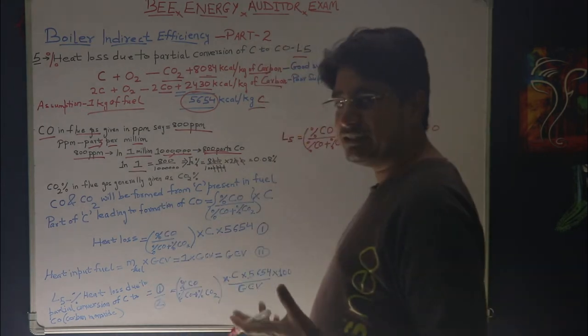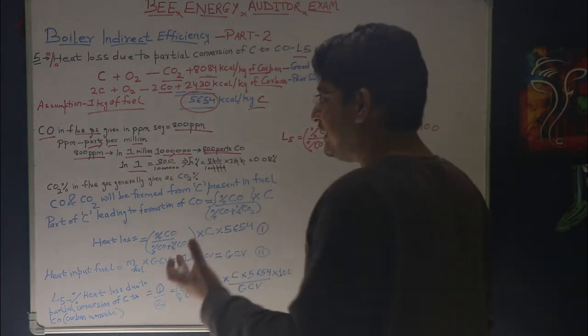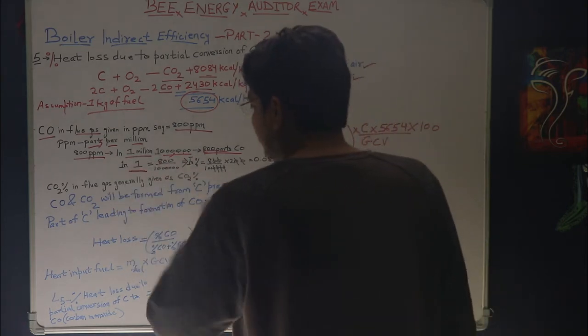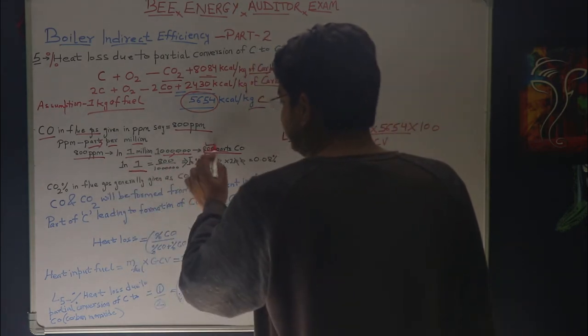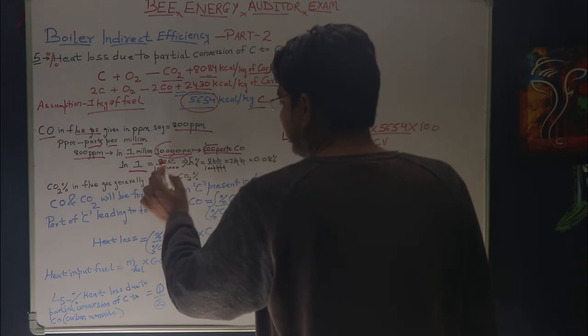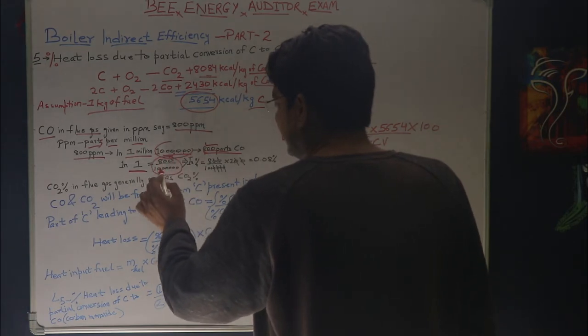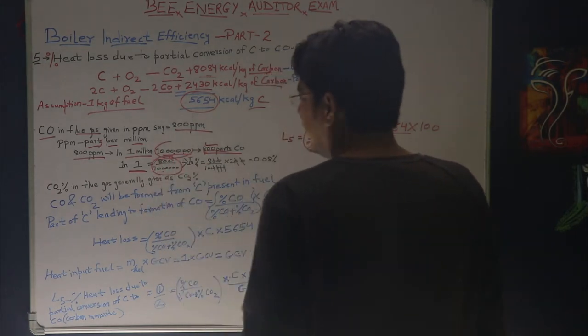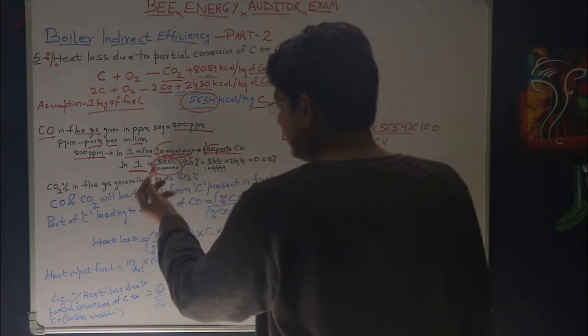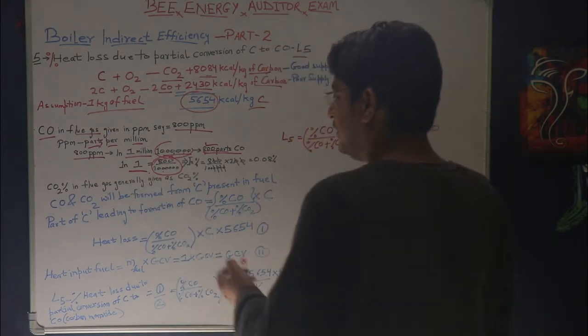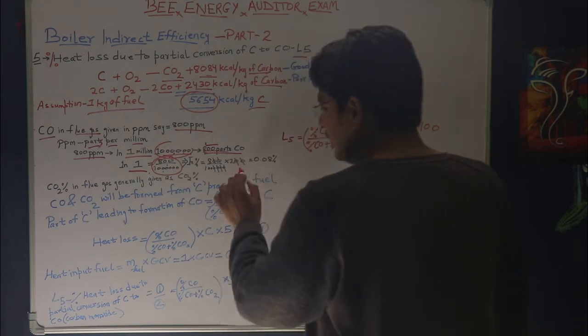So by using the simple unitary method, I can say in 1 we will have 800 divided by 1 million, that is 800 divided by 10 to the power 6. And if I convert this value into percentage, I need to multiply this with 100.